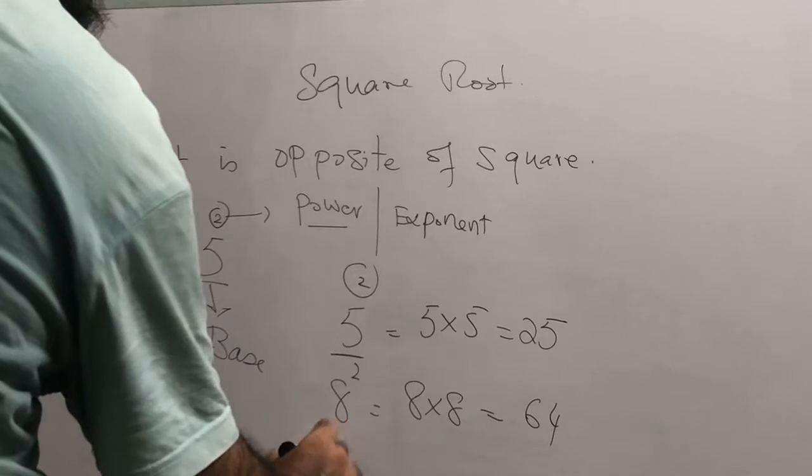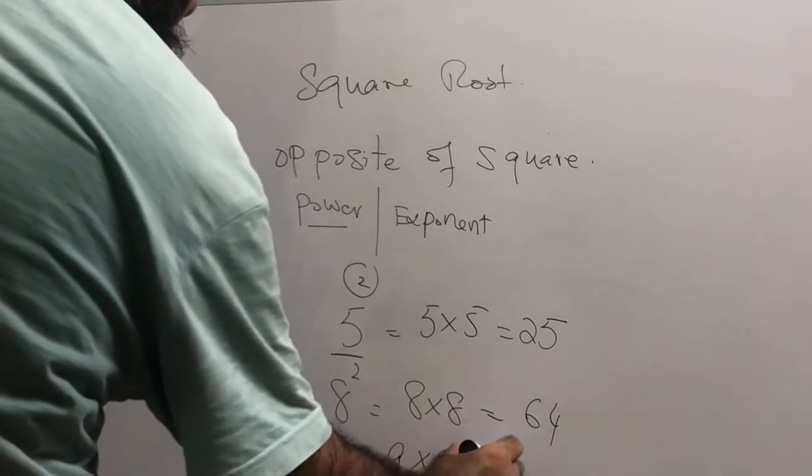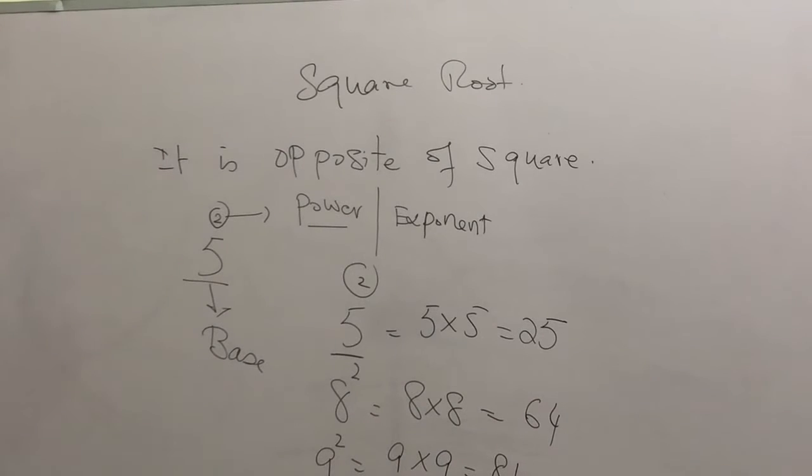If we have 9 square, we write 9 into 9, it becomes 81. So this is called taking the squares, power 2.